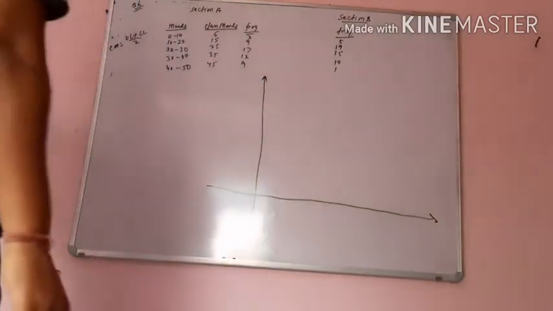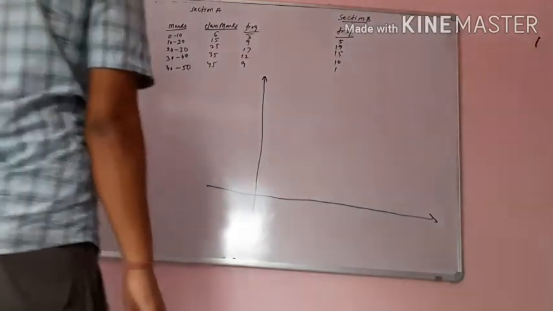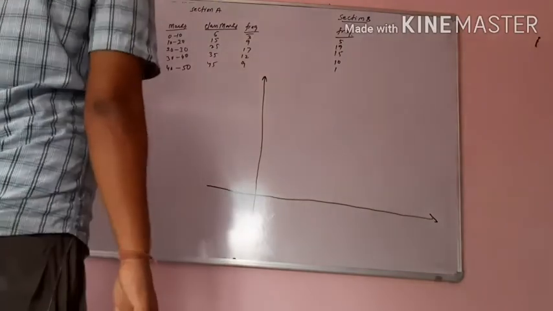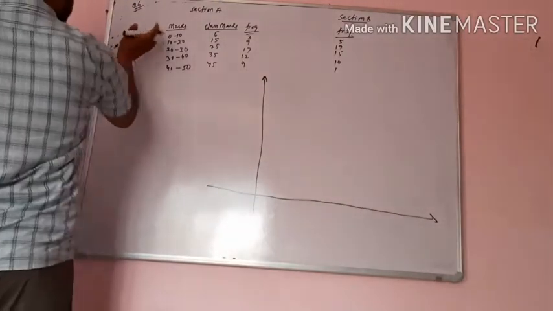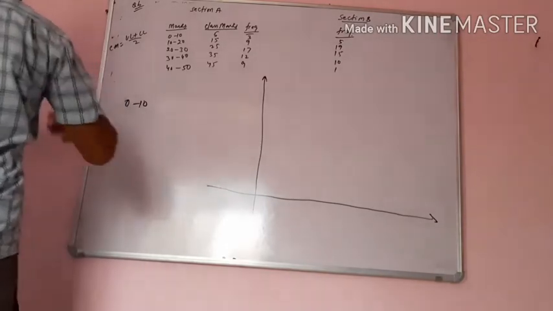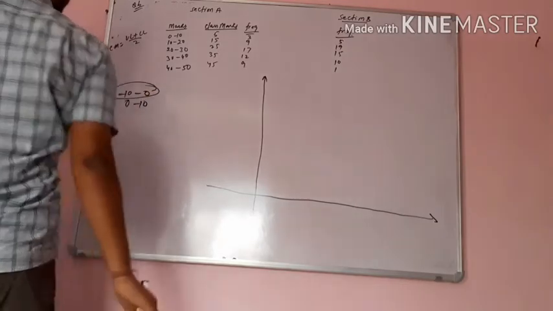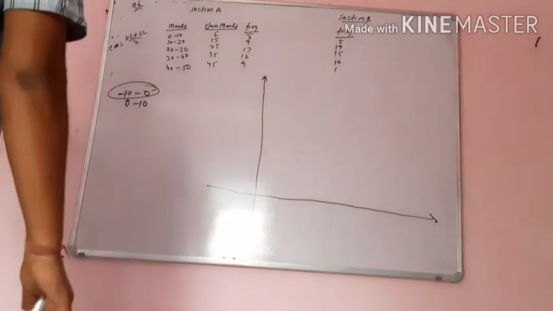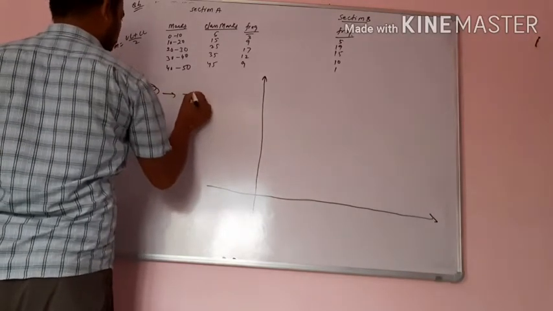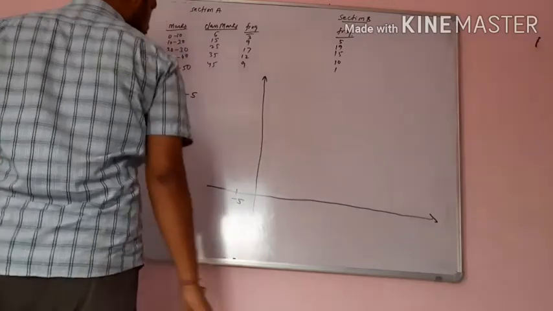In frequency polygons the frequency will start from 0, so we have to show where our frequency is 0. We take 0 to 10; the previous group will be minus 10 to 0. In this group our frequency will be 0. The class mark of this will be minus 5, so at minus 5 our frequency will be 0.